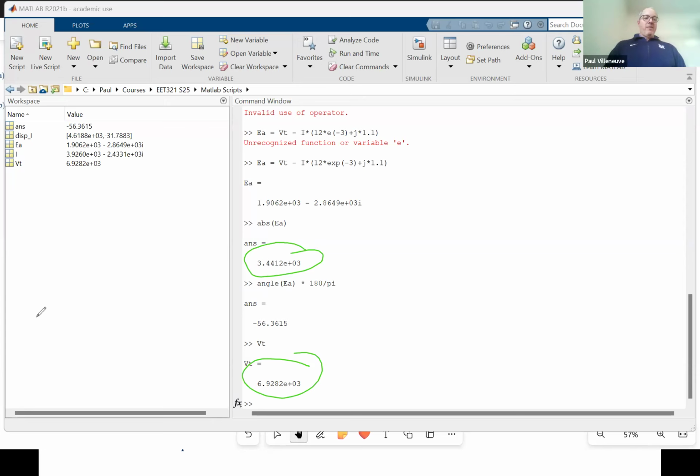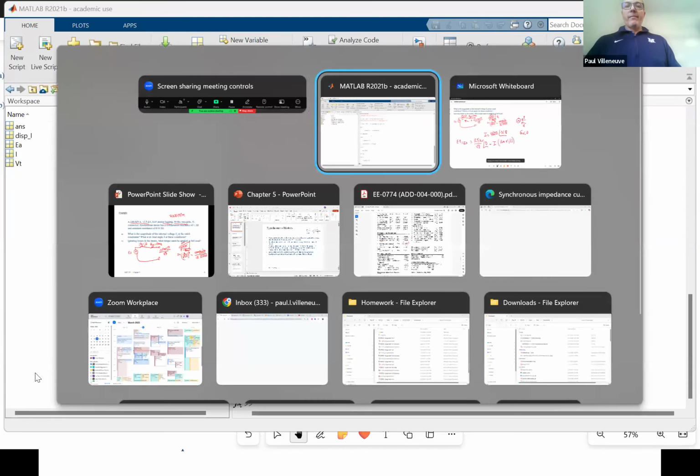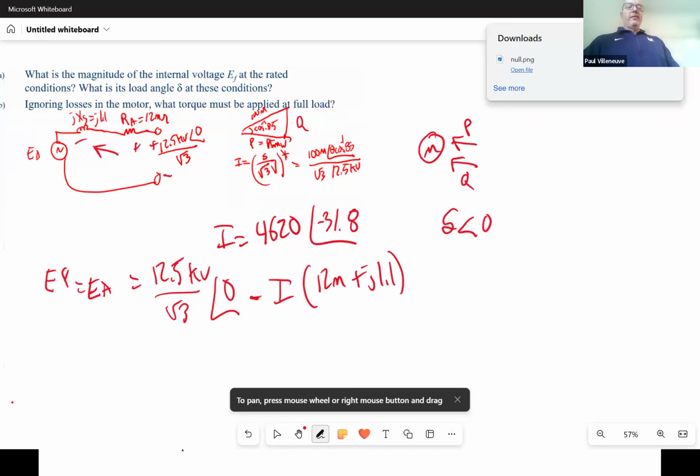So if I scroll back over, there are two criteria: delta has to be less than 0, and the magnitude of VT has to be greater than the magnitude of EA for it to be underexcited, or operate at a lagging power factor, which is what this confirms. Okay.